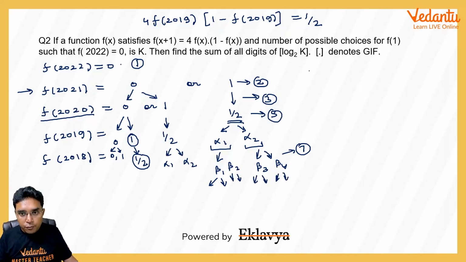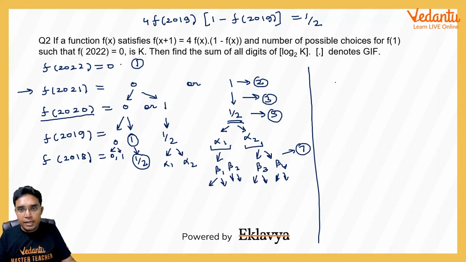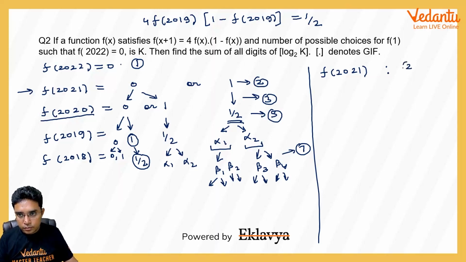So if I summarize it, let me write the pattern for f of 2021. Let us start with this. We are getting 2 values. And then for f of 2020 we are getting 3 values.